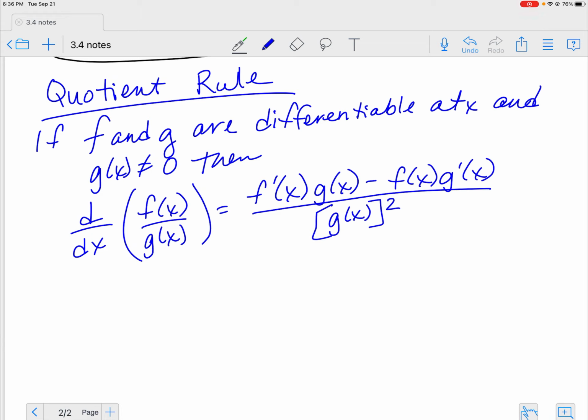All right, and I know that I can't have a 0 in the denominator, so that's that extra stipulation right there.